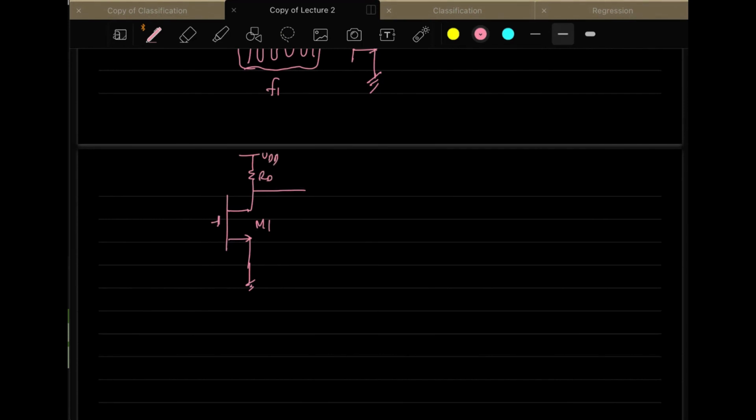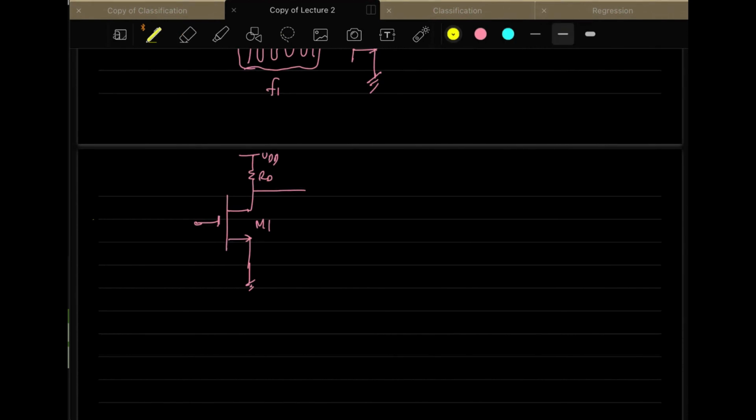Now we will apply three types of signals here. Let us say the first signal is this, a sine signal of frequency f1, and we will see what result we get when you apply frequency f1 like this.